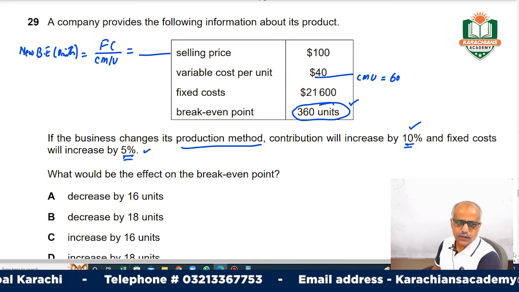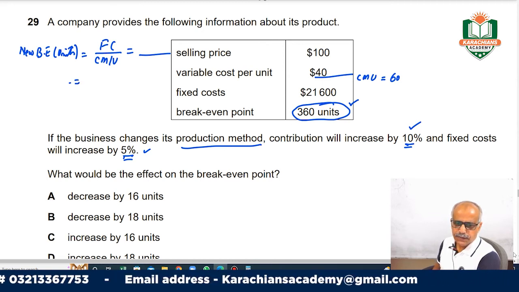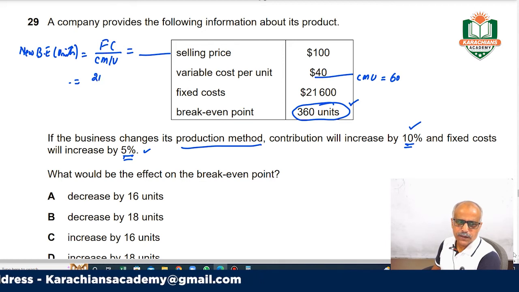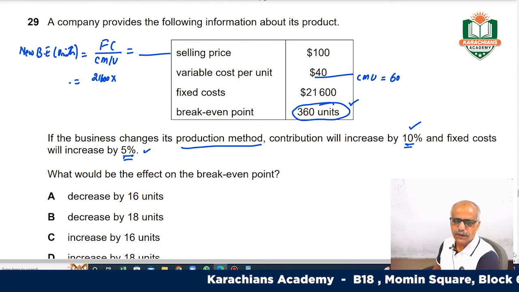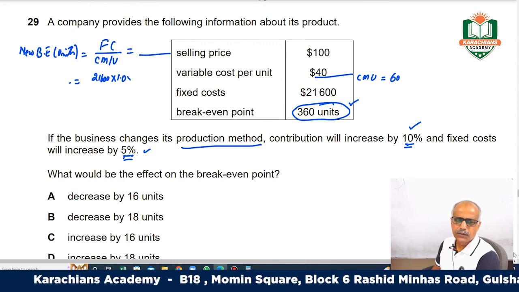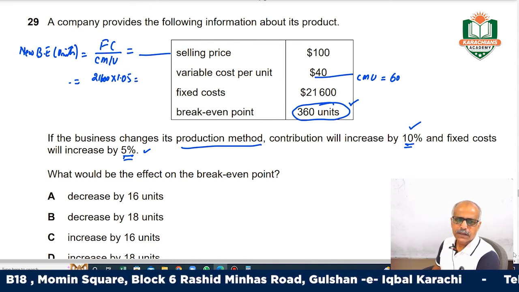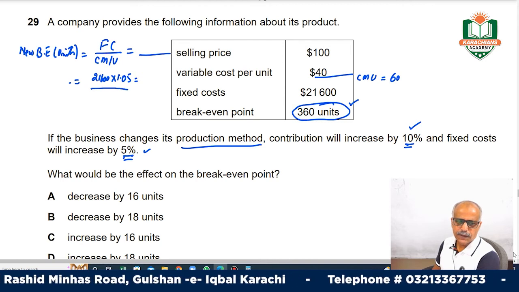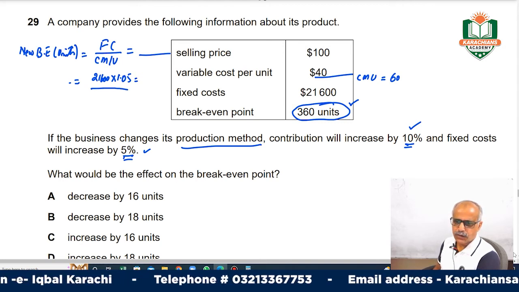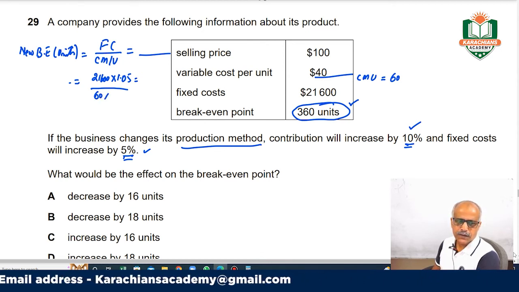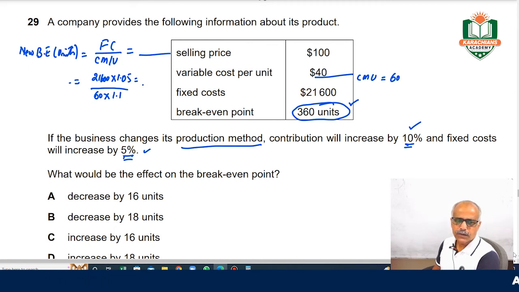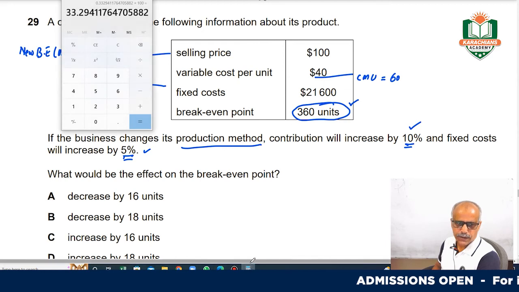Fixed cost is 21,600. This is a very easy question. The fixed cost will increase by 5%, so the new cost is divided by the contribution margin, which is 60 multiplied by 1.1, meaning a 10% increase. What will it be? We can calculate.